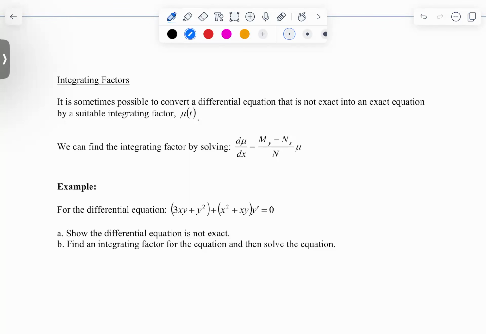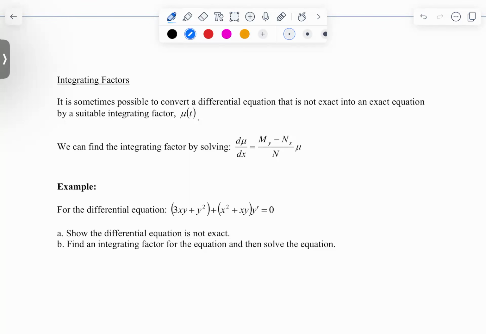The integrating factor, now notice, d mu dx, and with the mu, we got this over here, so we do the same thing, we identify it, and then I have to solve to find what that is, to put it into the equation.